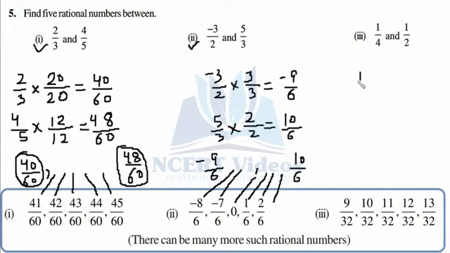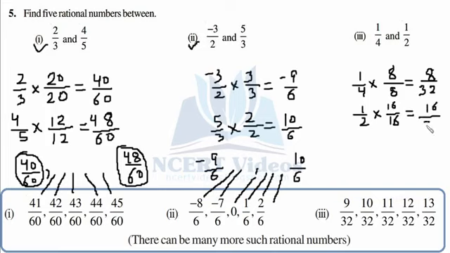So 1 over 4, multiplying it by 8 in numerator and denominator, would give you 8 over 32. 1 over 2, multiplying by 16, gives 16 over 32.